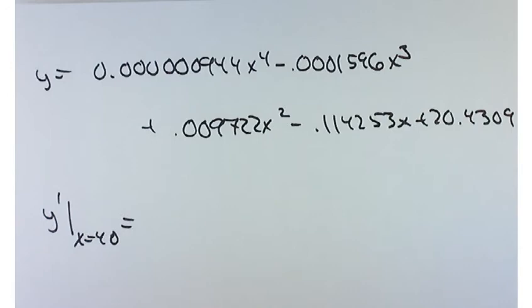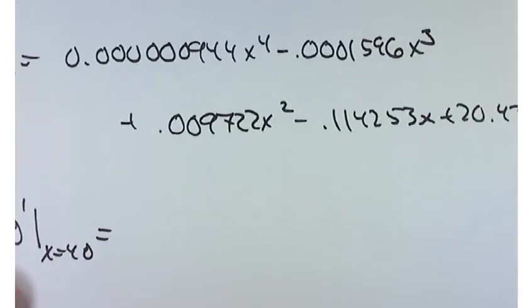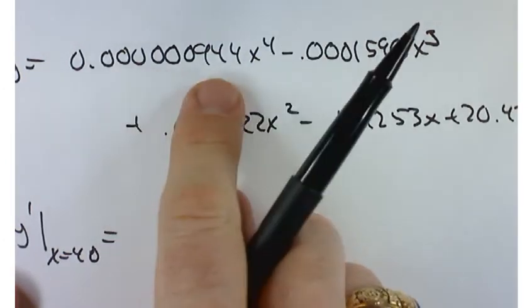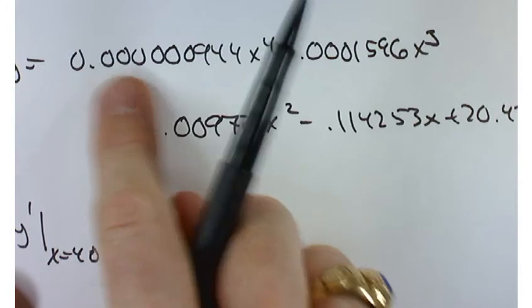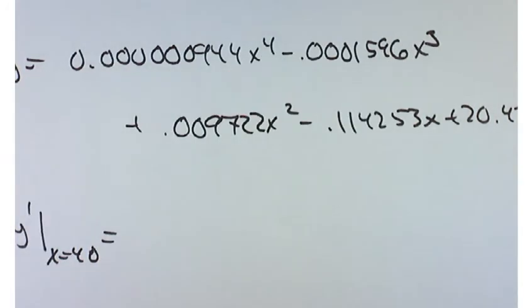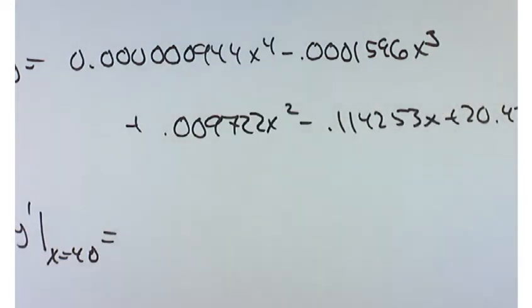So now, part of what might throw you a little bit is, why is this leading coefficient so small? I mean, you've got a really, really tiny leading coefficient. It's like, well, why bother? But you have to remember that this is the coefficient of something to the fourth power.